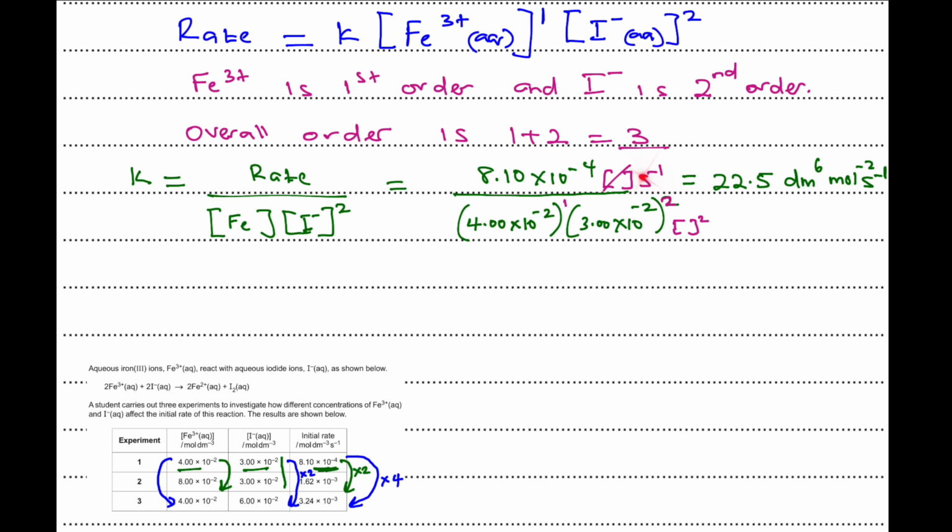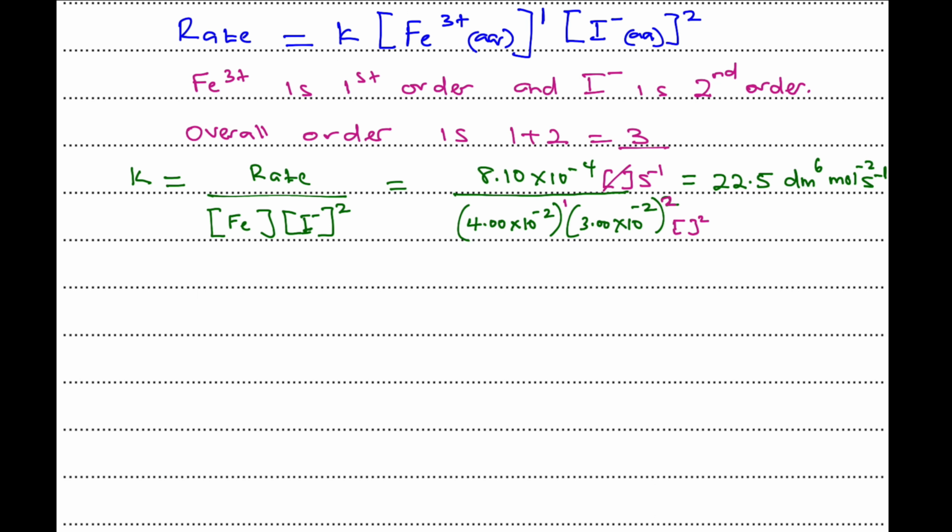You still have the per second. Per concentration squared, so the mole becomes per mole squared, per second, and that will be per decimeter to the power 6, because it's per decimeter cube, or per decimeter power 6. But the inverse of that makes it decimeter to the power 6 per mole squared, and that's how you get the unit here.